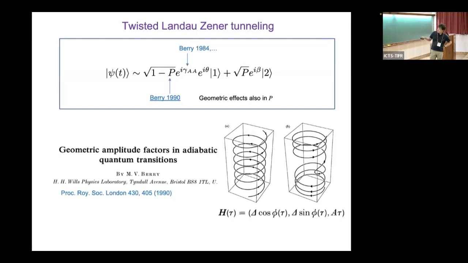So he wrote this paper, Geometric Amplitude Factor in Adiabatic Quantum Transitions, in 1990. He considered a very complicated time evolution like this, going up. This space is the same space as the space of Pauli matrices. So he had this rotating part and this linearly increasing part in the Z.